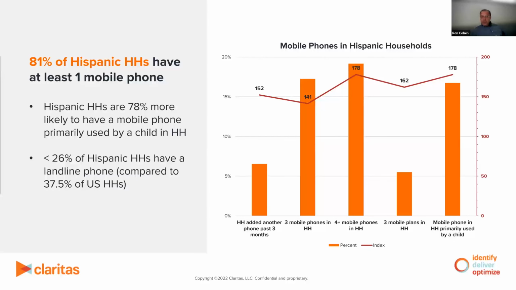Less than 26% of Hispanic households have a landline. So they're cord cutters. Everybody's a cord cutter these days, but Hispanics are way ahead of the curve, right? US households in total, it's about 37.5% have a landline. So Hispanics are way ahead. I can also tell you we're looking very closely at cord cutting behavior for television and for internet.